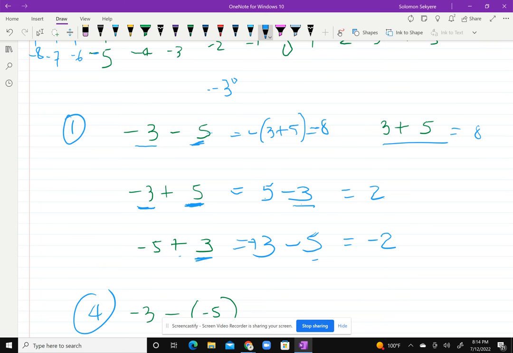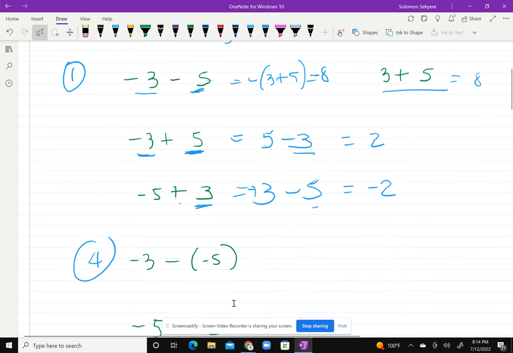Okay, so now look at this one right here, and then this one right here. You have negative 3 minus 5, and now this one you have negative 3 minus a negative 5. Whenever you have a negative number minus a negative number, a negative and another negative following, join them, it becomes a plus. So negative 3 minus negative 5 is the same as negative 3 plus 5.